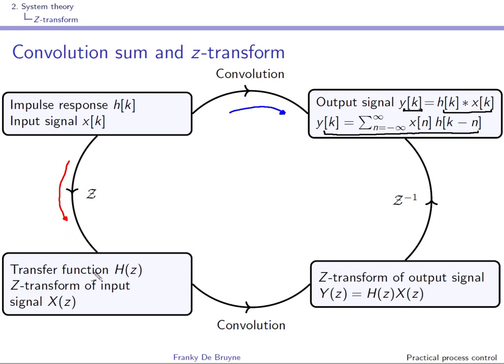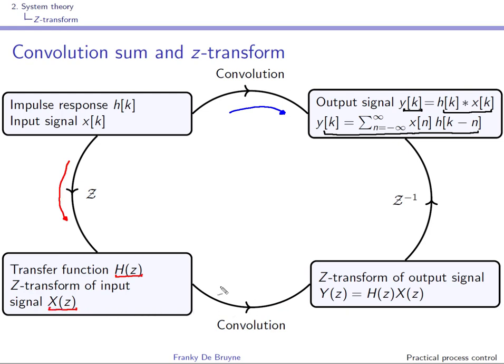The Z transform will be presented just afterwards, but the Z transform is the Laplace transform of a sampled signal. So the Z transform of the impulse response results in the transfer function in the Z domain, H of z, and the Z transform of the input signal is X of z.